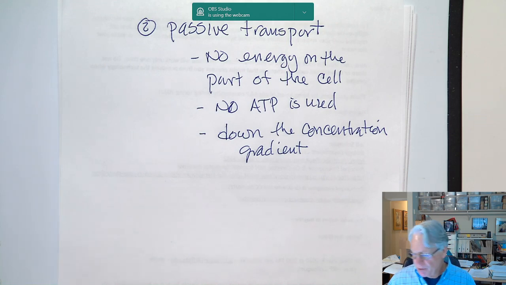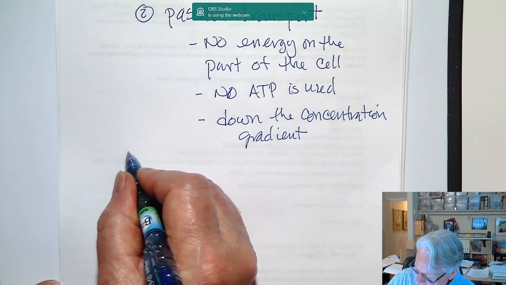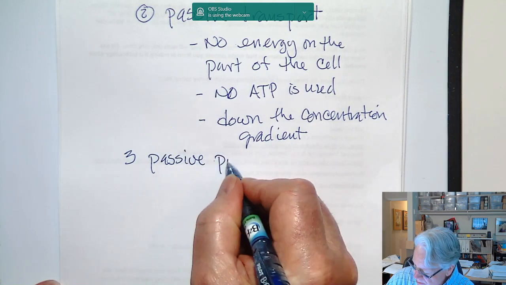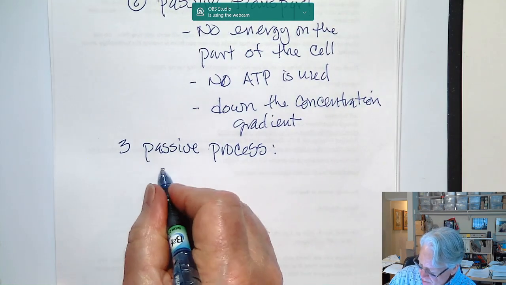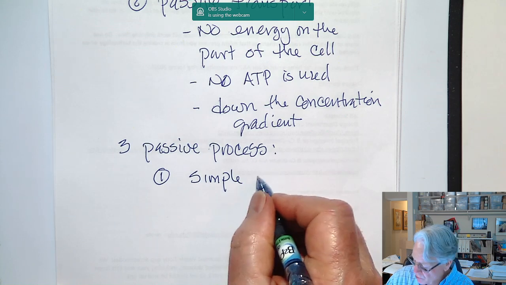So, when we look at all of these, we can identify three passive processes. Number one, simple diffusion.